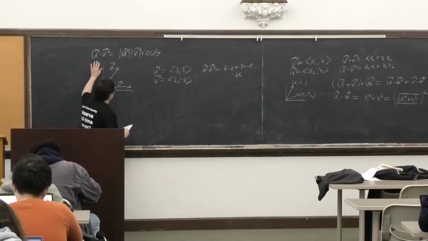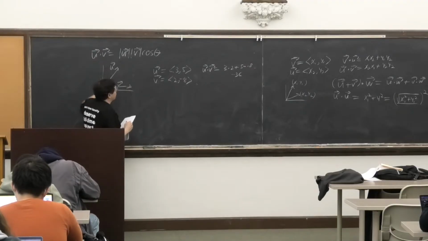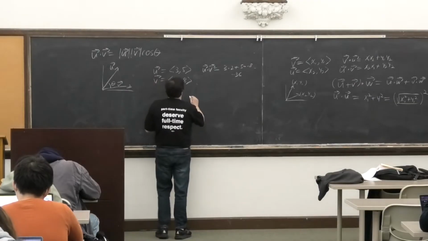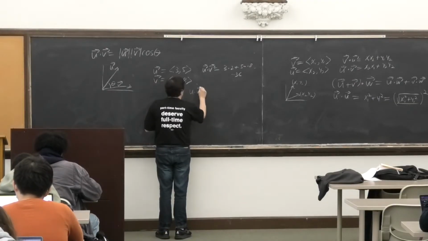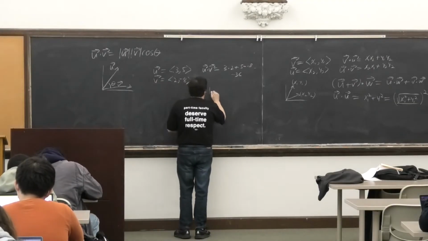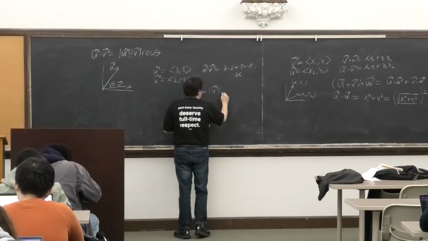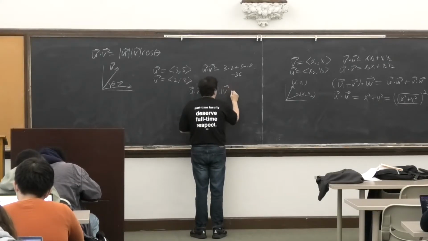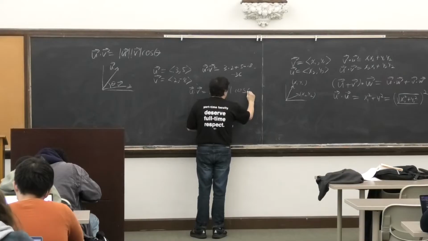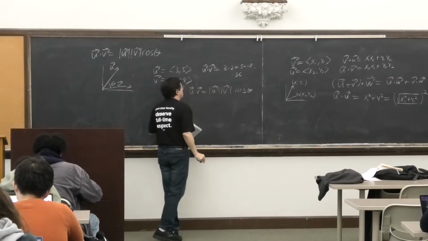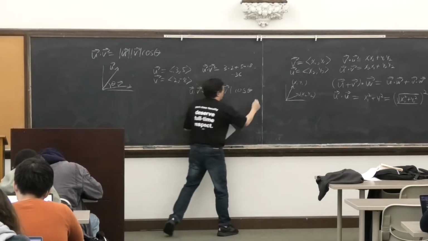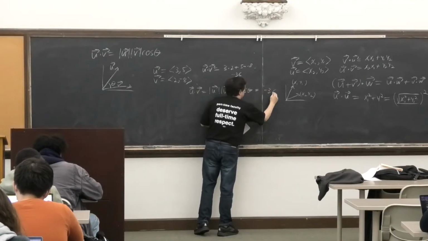But I have this other equation which tells us that u dot v is the norm of u times the norm of v times the cosine of the angle. So this is equal to -36.